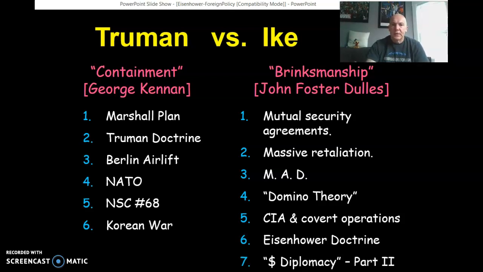Lastly, we see this thing called dollar diplomacy, part two. We remember William Howard Taft had the original dollar diplomacy. And this is where we see American businesses acting in somewhat of an economic imperialism, going to other countries to establish business ties, again, in the Middle East.